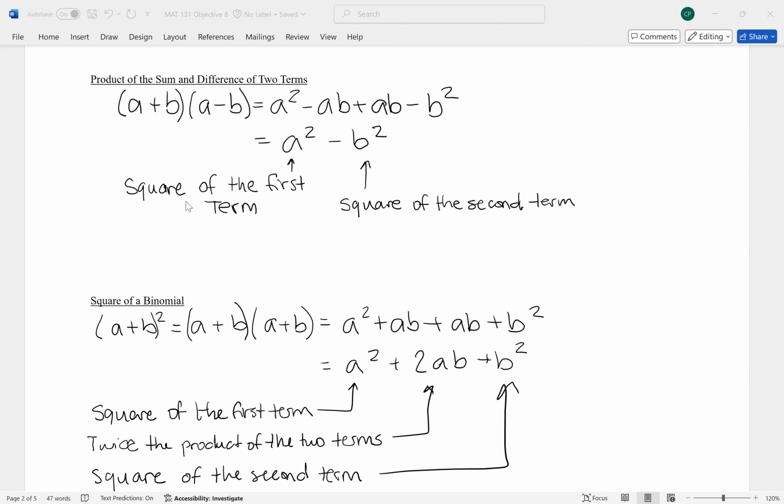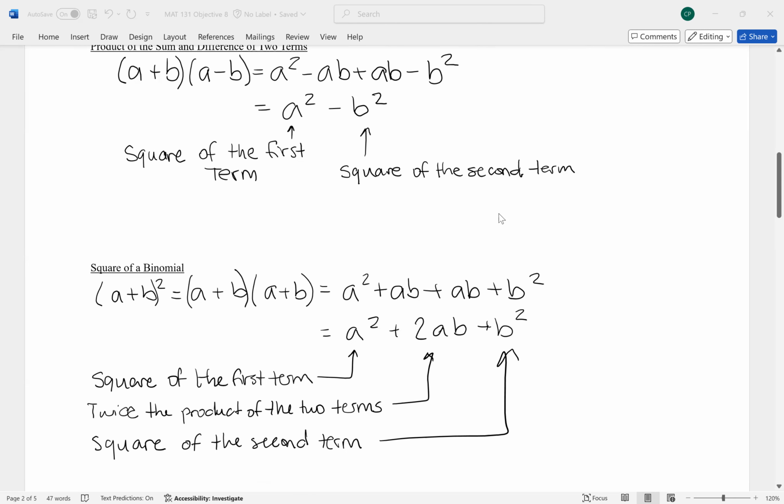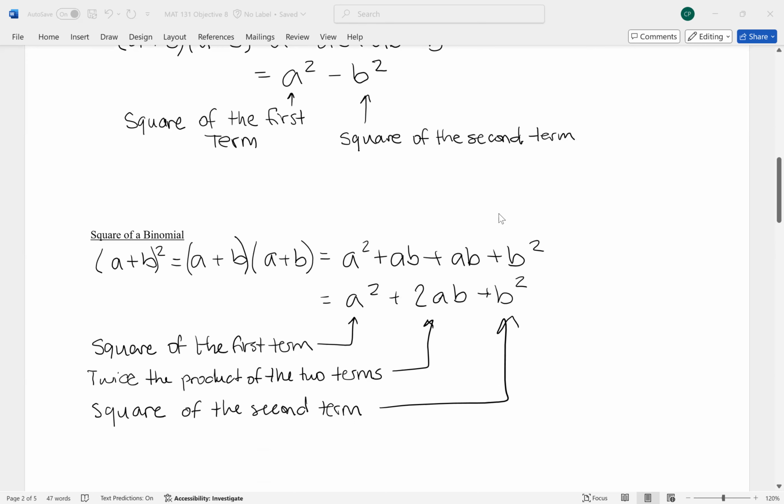We can just jump to the end and have the square of the first term and then the square of the second term, okay? The other shortcut that we can do is when we have the square of a binomial. If we have a plus b squared, we know that a plus b squared is the same thing as a plus b times a plus b.